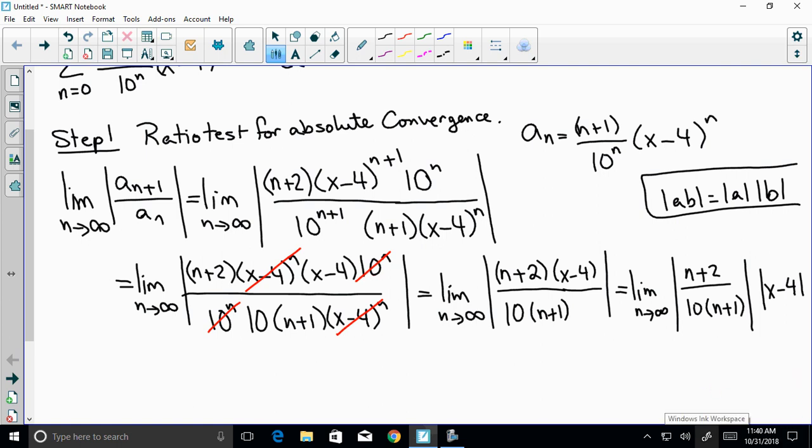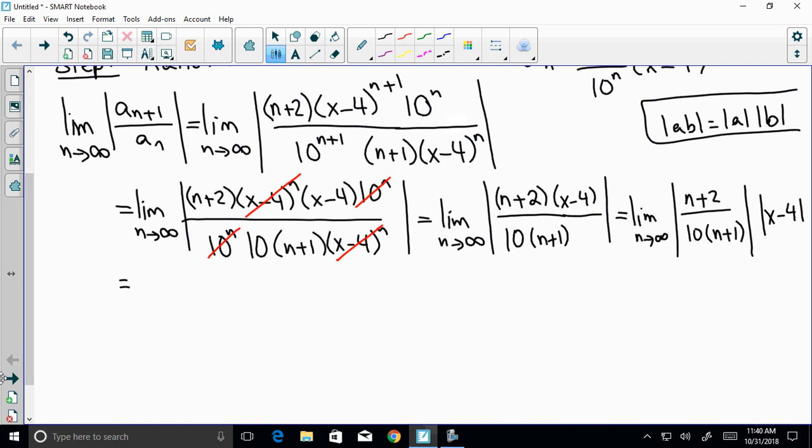Now, I know that my n's start at 0, and they're also going off to infinity, so this n plus 2 is positive, the n plus 1 is positive, so I don't need the absolute value sign, because it's already positive. Is that clear? So I can write it like this: limit as n goes to infinity of n plus 2 over 10 n plus 1 times the absolute value of x minus 4.